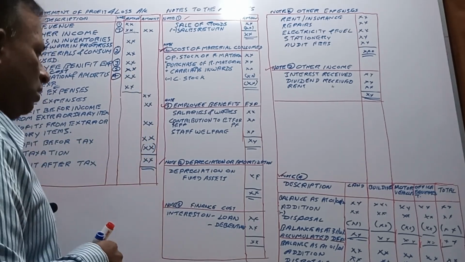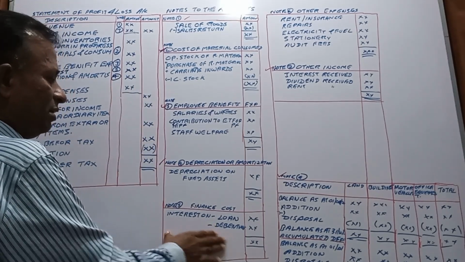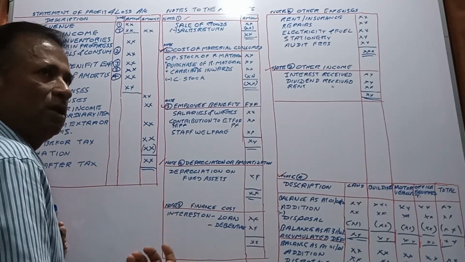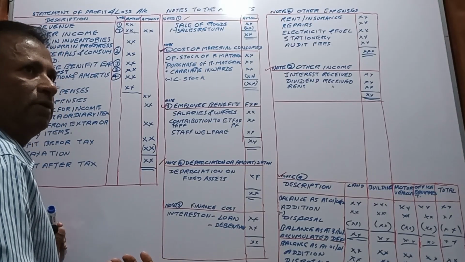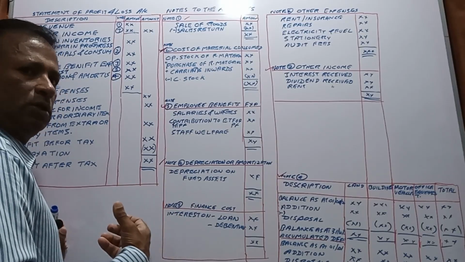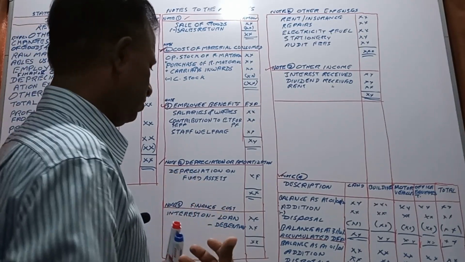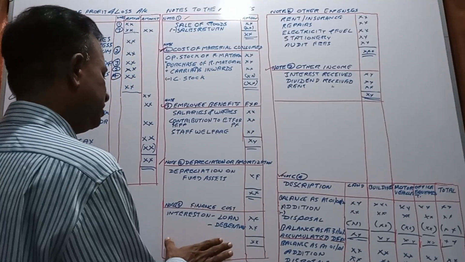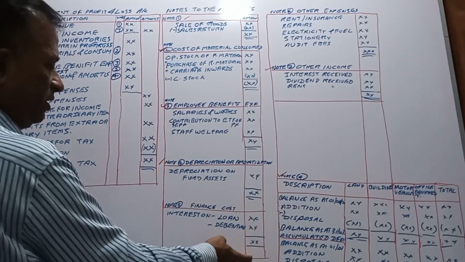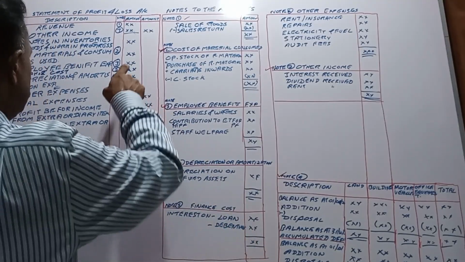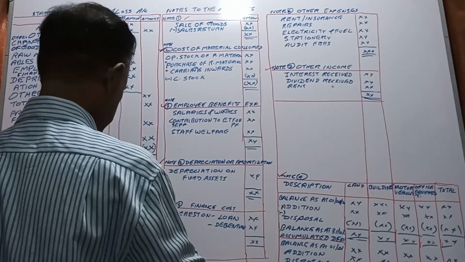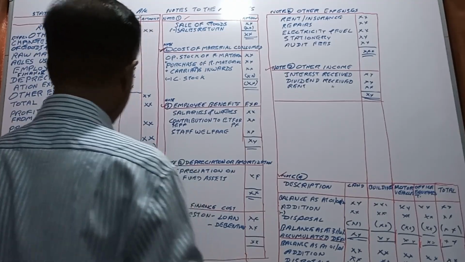Finance cost is whatever interest we have paid on loans and debentures. The loan may be long term or short term, that is immaterial, but the interest paid on loans and debentures we have to mention here in the note, and that amount has to be taken here. That also is okay, we have prepared.